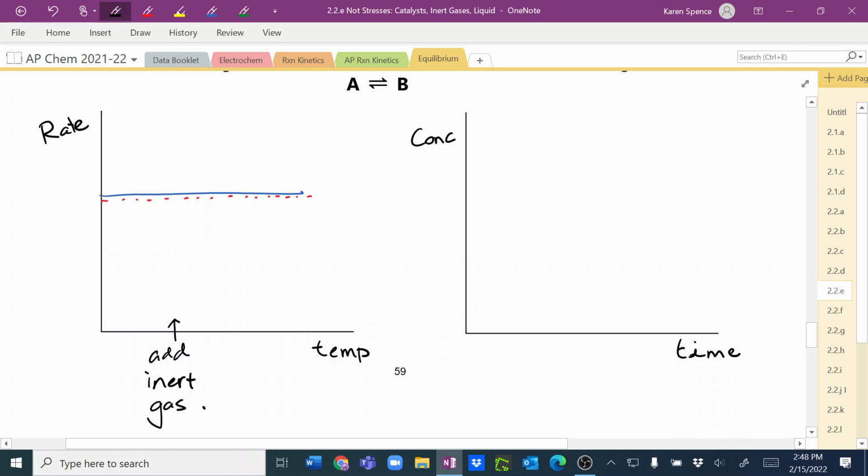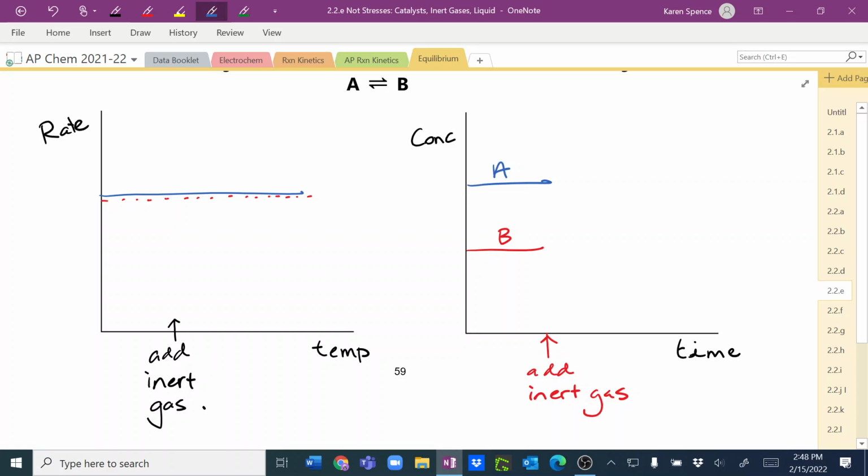The rates do not change. Here, we add an inert gas, and what happens? Nothing. Super fun, yes?